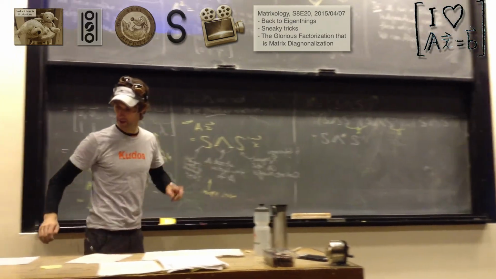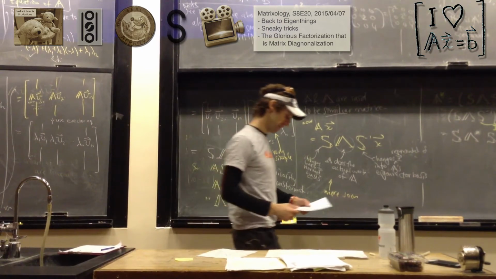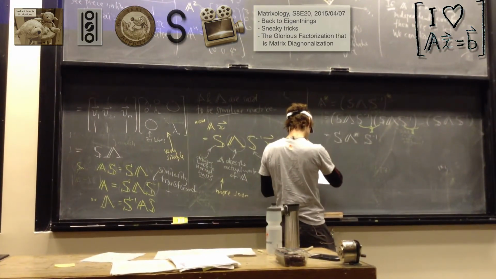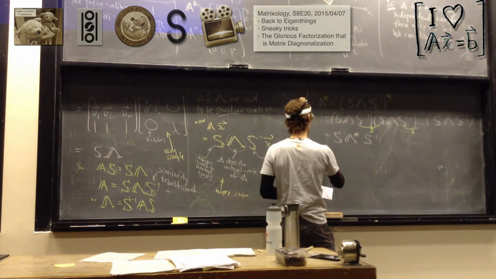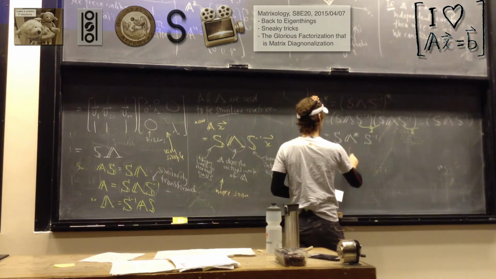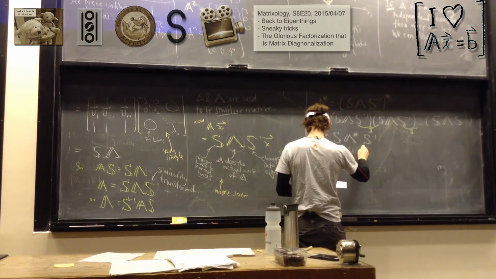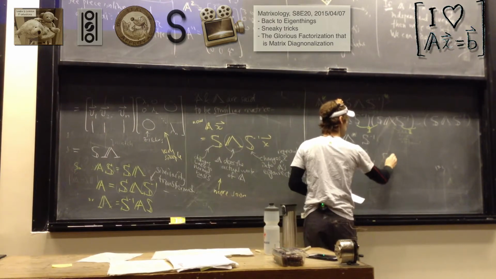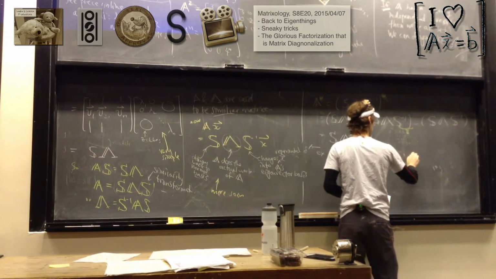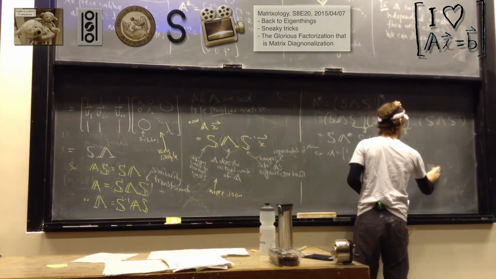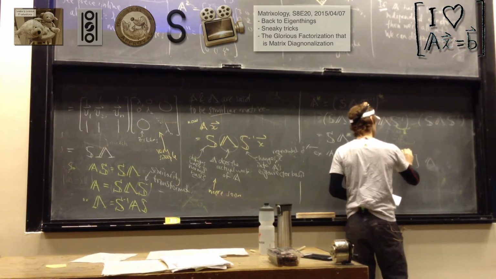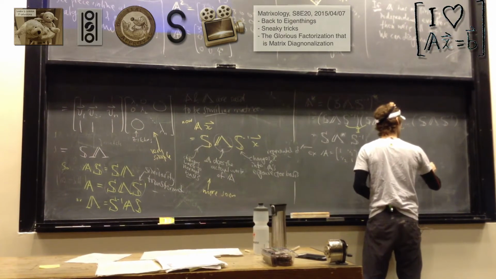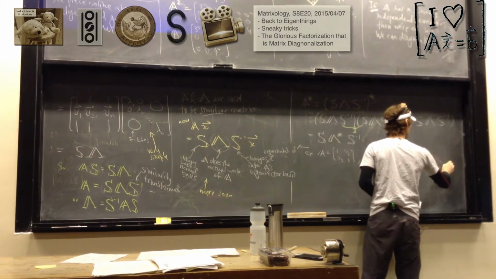Okay, so let's quickly work on our little example. Our example, A equals 1, a half, a half, 1. Well, we had S equal, we'll just stack them together: 1, 1, minus 1, 1. So this is v1 and v2. And our lambda matrix is 3 halves and a half.